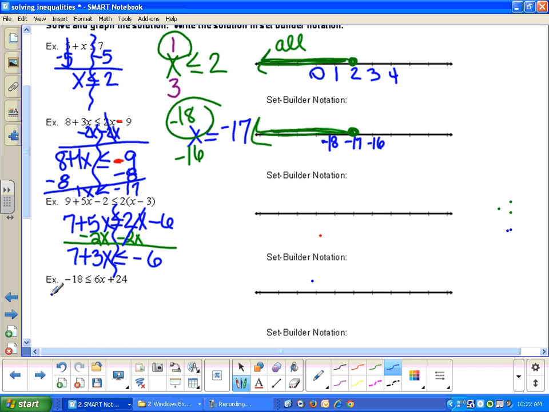Do we want to move 7 or 3? 7. Because if you move 3, you can't combine the x with a single number. So we want to take away 7. So we end up, those cancel out. We have 3x is less than or equal to, what number? 13.